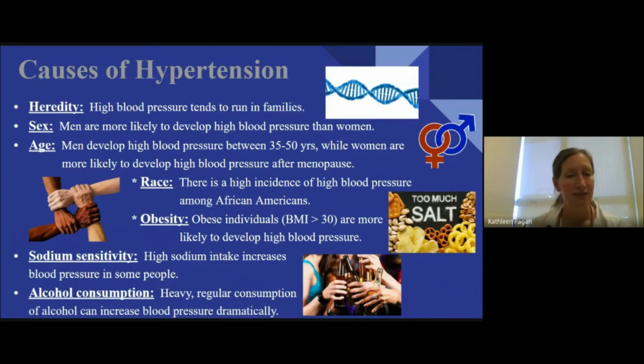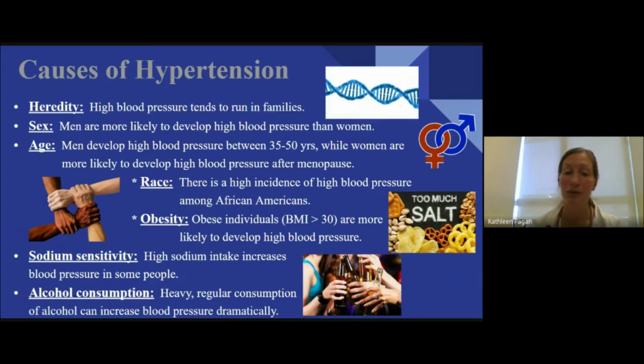Some different causes of hypertension. It is hereditary. If your parents have high blood pressure, it's likely that you might also develop high blood pressure. Men are more likely to develop high blood pressure. As we age, it becomes more likely that we will develop high blood pressure. Certain races are more at risk.